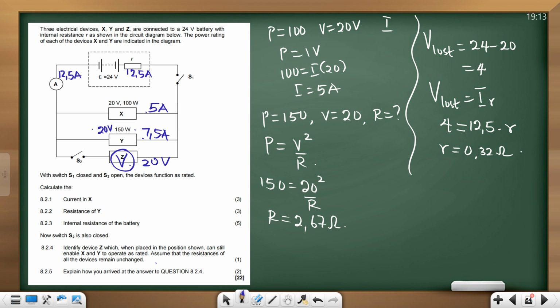Guys, are you aware that if I take a voltmeter and connect it, I think I did it for you when I was doing circuits, it actually creates an open switch. No current will flow. So a voltmeter has what? A high resistance. It does not allow the flow of current when connected in.